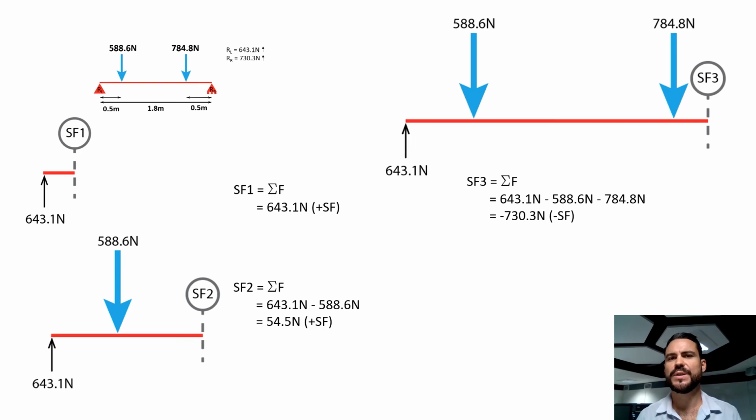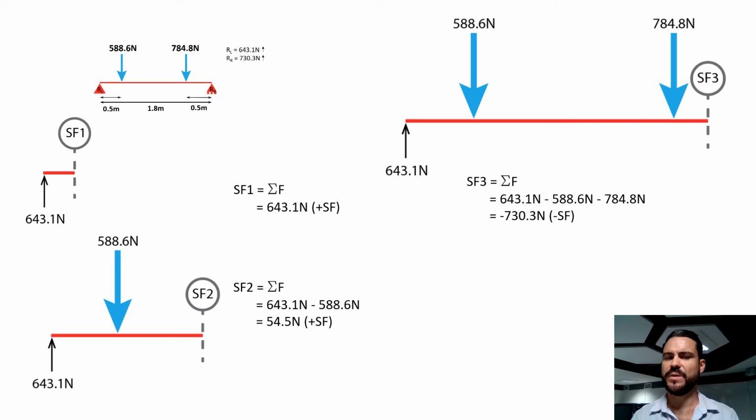Of course, when we go and do the maths on it, shear force 3 equals again the sum of forces. We take all of those away, and we end up with a negative shear force this time of negative 730.3. Now this is, of course, a negative shear force. A point to note: positives and negatives don't really exist in this case in a shear force.